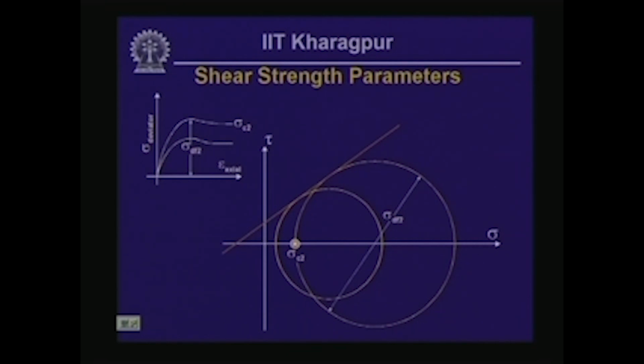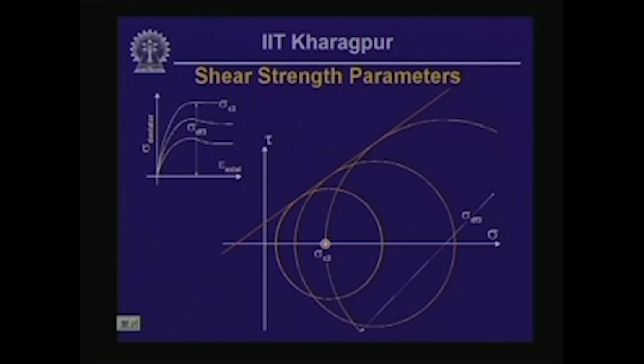Then we add sigma df2, which gives us the major principal stress, and we plot the corresponding Mohr circle, which is larger than the previous one. Then we do the same thing for the third test and get a third Mohr circle, only part of which is shown on this plot. Here the minor principal stress, like the previous cases, is sigma c3, and the major principal stress is sigma c3 plus sigma df3.